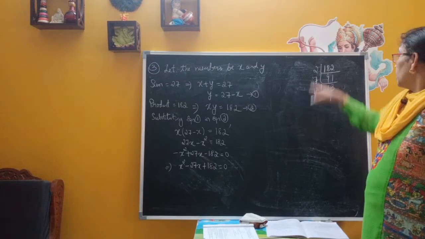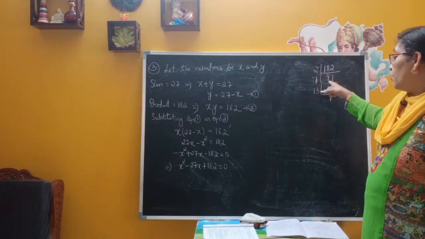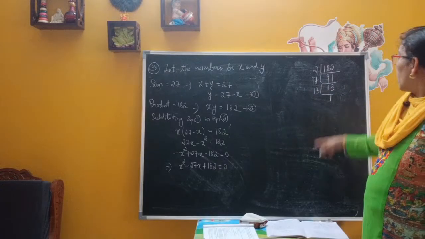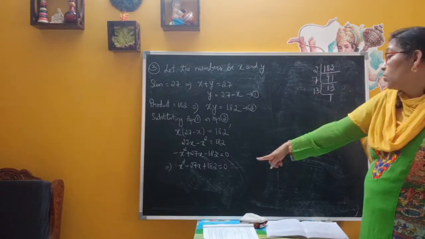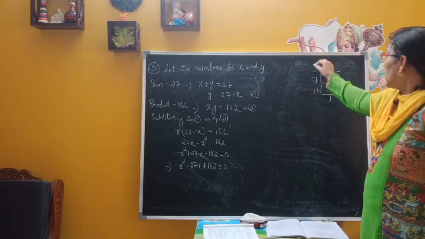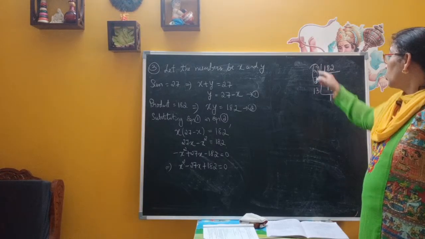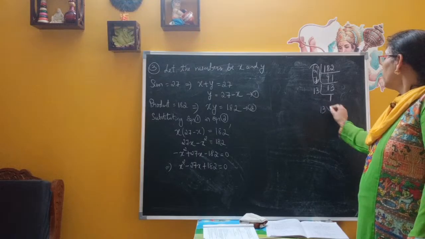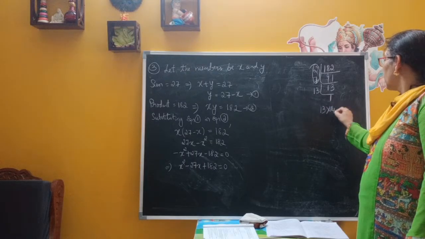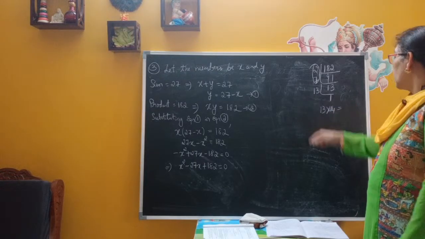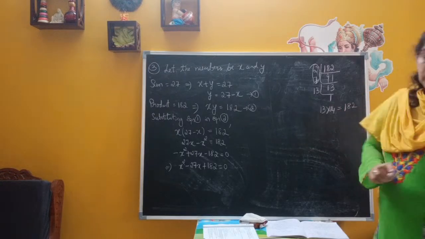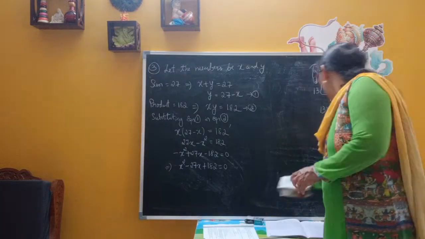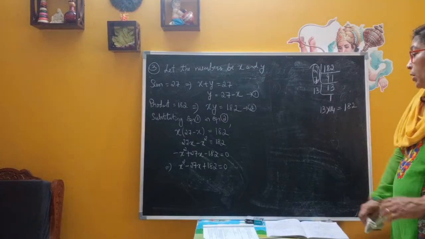Then this 13 into 7 gives 91. 13 into 2 gives 26 only. Now if I make this group 7 into 2, 14, then 13 into 14 gives 182. You can multiply and check. 13 into 14, we get 182.